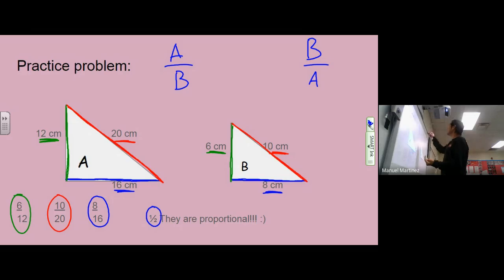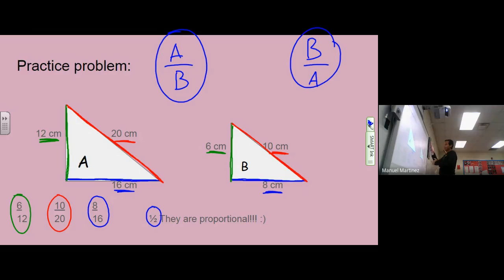If you're setting up A to B, you always have to set it up that way. Or if you set it up B to A, which is what I did in this problem, it has to be like that all the time. You cannot be changing. If you set it up one way, you keep it that way. All right. Good guess, by the way.